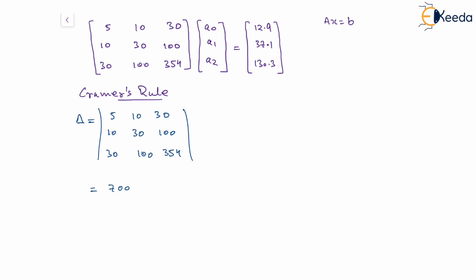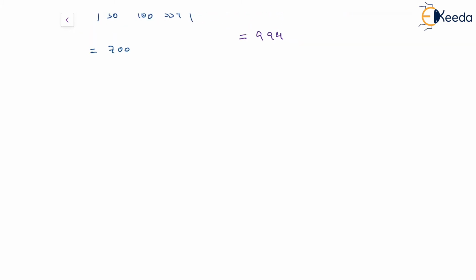The del 1 will be equal to the determinant of 12.9, 37.1, 130.3; 10, 30, 100; 30, 100 and 354. This is obtained by replacing column 1 with the constants, and that gives the determinant as 994.